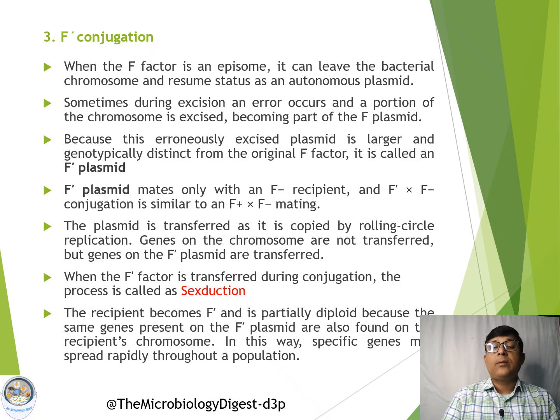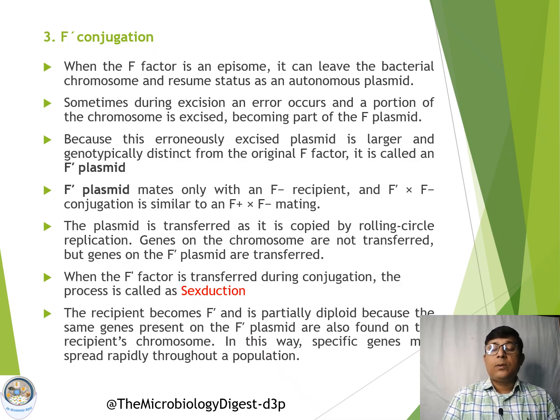The recipient becomes F prime, and it remains partially diploid, because the same set of genes are transferred from the donor, as it was integrated along with the plasmid. Some portion of the chromosomal genes also gets transferred, which is why it remains diploid.